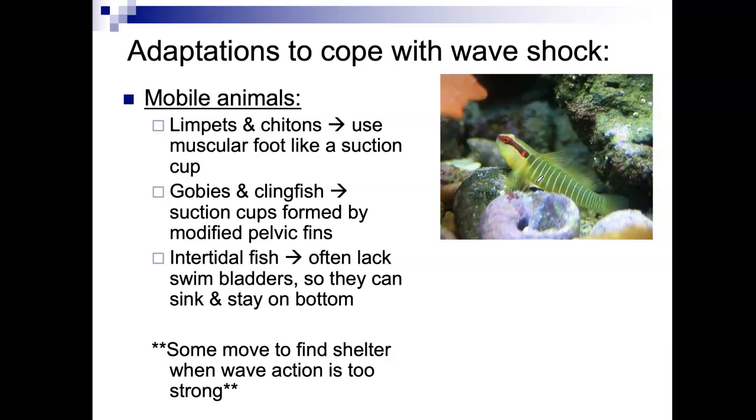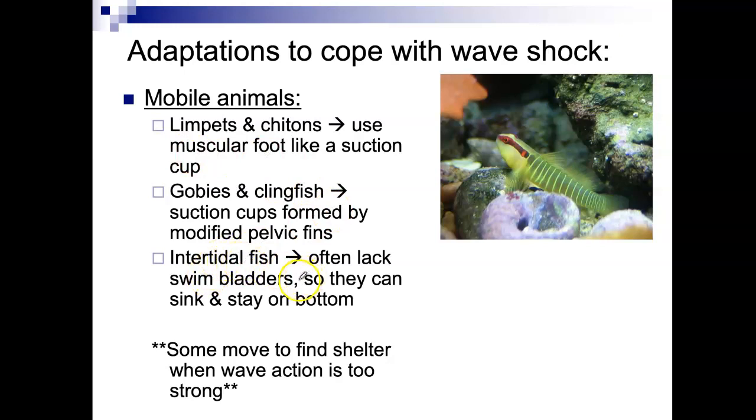And you'll see this big modified pelvic fin. It acts as a suction cup to suction themselves down to the rocks so that they can battle the wave action. Limpets and chitons are just going to use that big muscular foot, and they're going to suction themselves down. You also probably notice that limpets and chitons have this nice low profile, right? So they're not sticking up and having to fight against the wave action with a large profile.